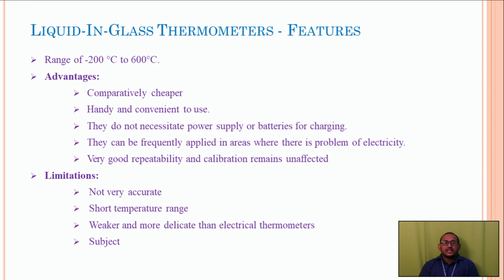They are frequently applied in areas where electricity is a problem, because it does not need any electric source. It also has very good repeatability, and calibrations remain unaffected. Here the calibration is not needed that much.